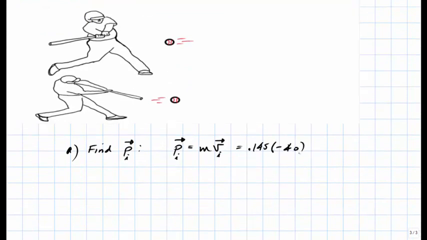So the velocity initially is negative 40, and if we multiply those two values together, we obtain negative 5.8, and of course the units for momentum are kilogram meters per second, right? The mass is in kilograms, the velocity of course is in meters per second, so our units are kilogram times meters per second.